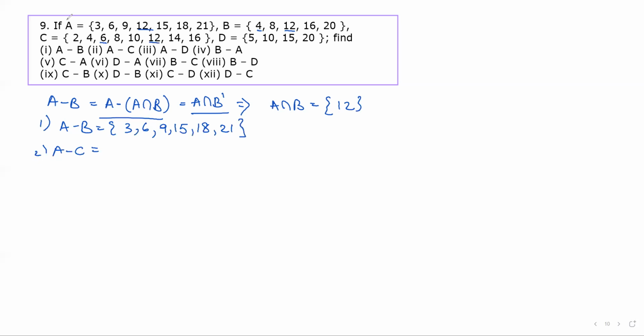You're finding multiples of 3 in C: 6 and 12. Amongst 6 and 12, 12 is common between A and C. So removing 12 again, you get 3, 6, 9, 15, 18, 21. Sorry, 6 is also common. So remove 6 as well.